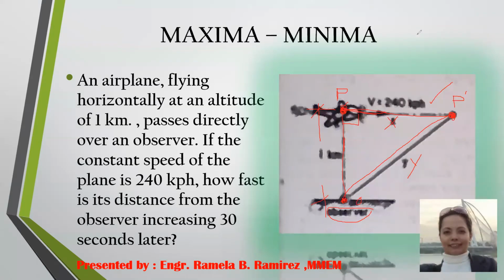Because we have a right triangle, we can make use of the Pythagorean theorem. Using the Pythagorean theorem, we can now solve for the value of x and y.